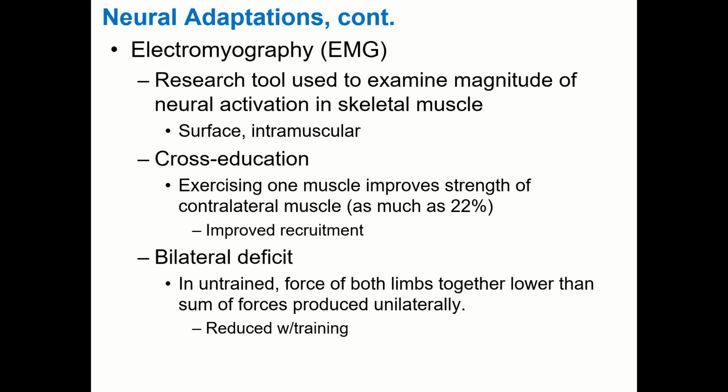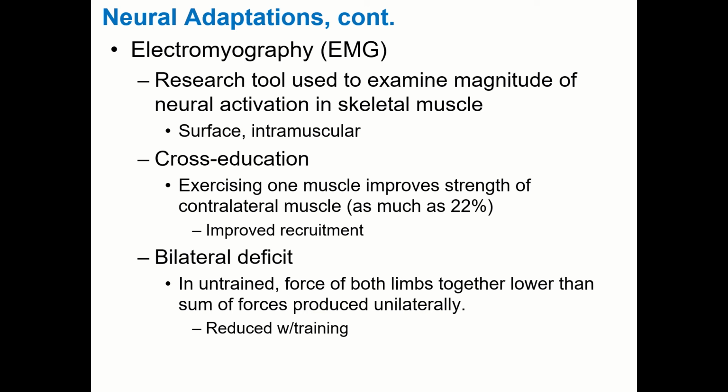Bilateral deficit is that particularly in untrained individuals, the force of both limbs together is lower than the sum of forces produced unilaterally. What does that mean? That means if I had somebody do a one-legged squat on their right leg and a one-legged squat on their left leg and then add up how much they can squat, that number of right and left together is probably a higher number than if we just had them do a normal back squat.